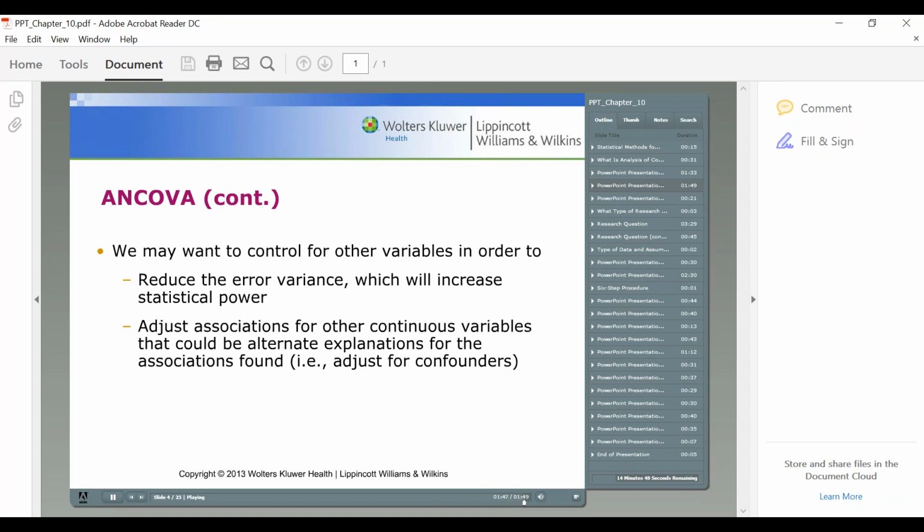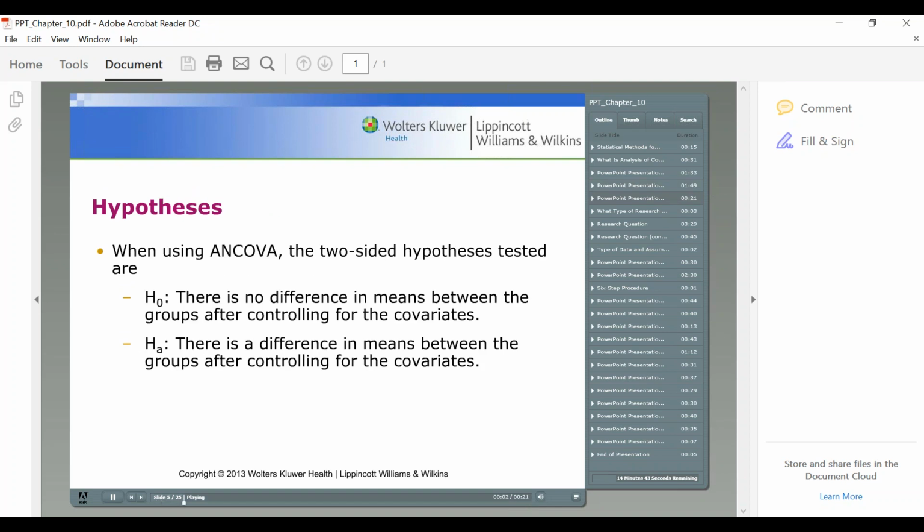This is usually done from a deeper understanding of the literature. So here our null hypothesis is that there's no difference in the means between the multiple groups after controlling for the covariate. And then, of course, our alternate would be there are differences after controlling for the covariate.